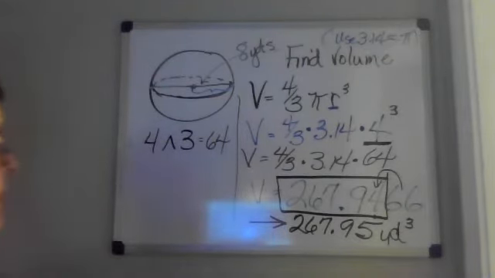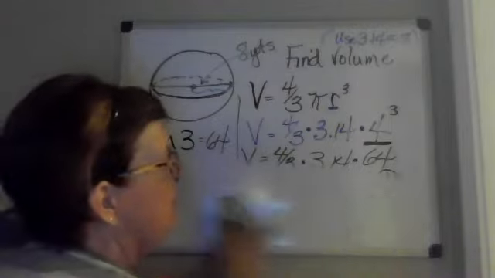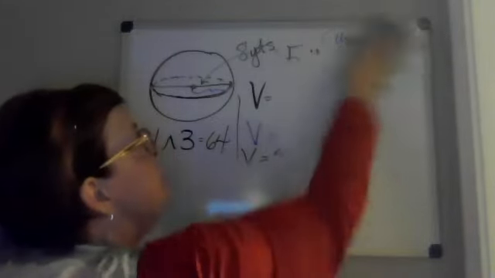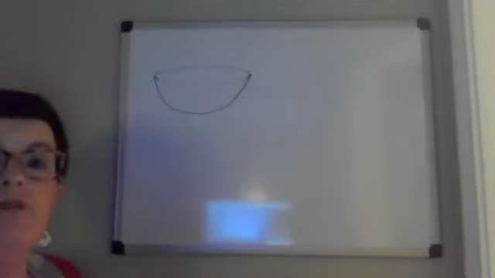Now, you've heard the word hemisphere usually used when they're talking about part of the globe, our Earth, and they talk about the northern hemisphere or the southern hemisphere. What they're talking about is half of a sphere.